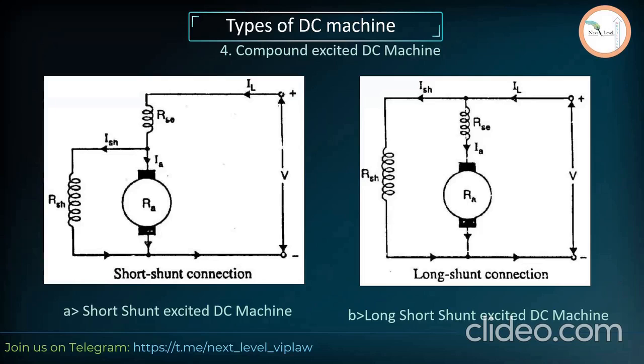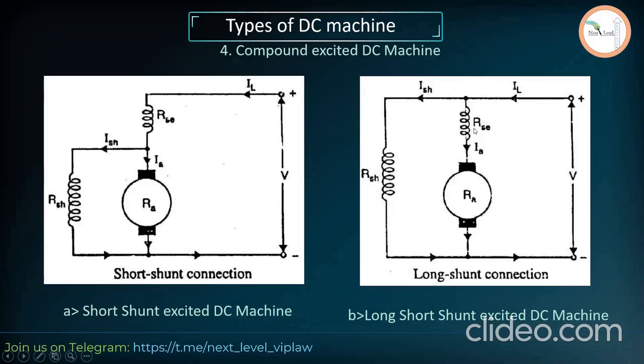First one is a shunt magnet coil parallel to the armature, and thereafter we have a series winding. And in the long shunt, that is on the right side, you can see that the shunt is across the series as well as armature. Hence the name is long shunt.